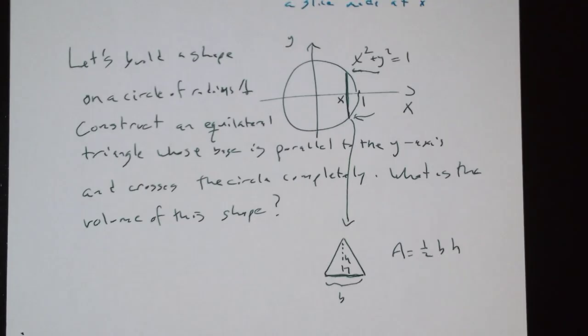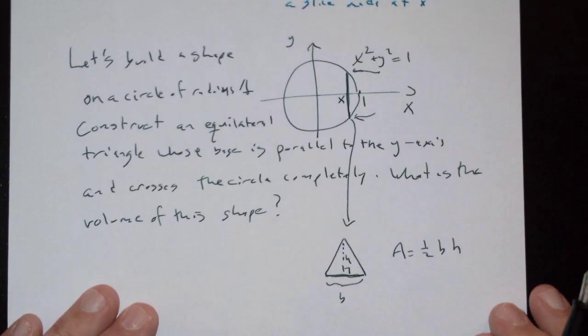You've got the equation for the circle. So what's the top part of the circle? Take this equation, rewrite it y equals, what do you get?